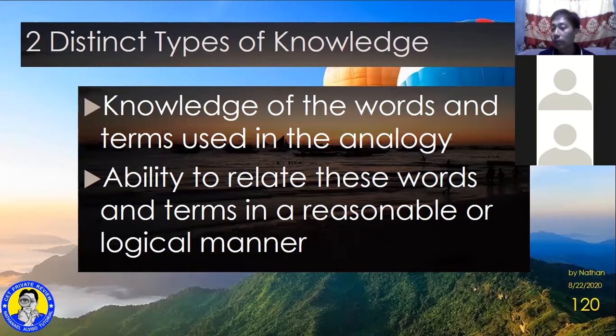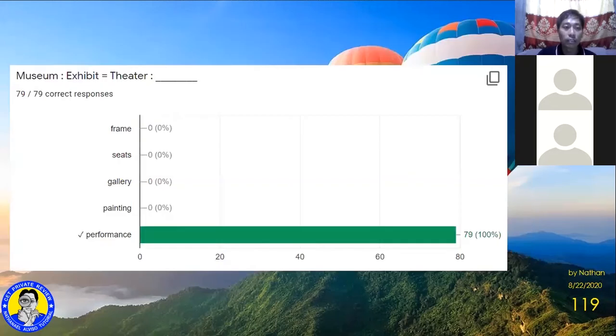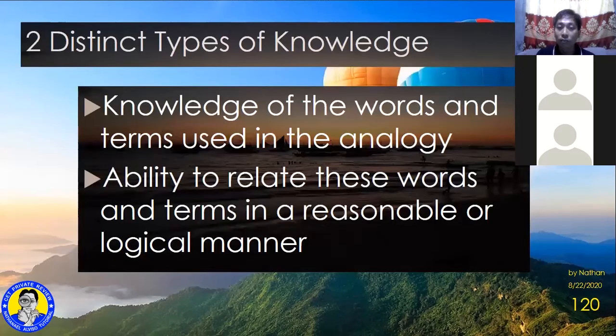So you must be familiar with the words, because you cannot answer this question, museum, exhibit, if you do not know the meaning of exhibit. You might wonder, what's exhibit? Is it a door? Is it a window? So you cannot answer correctly if you're not familiar with the words. So you need knowledge of words and terms. And the second one is you must have the ability to relate these words and terms in a reasonable or logical manner. That's the time you will use your head.